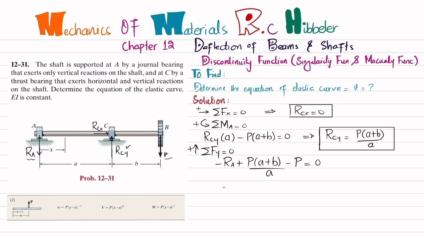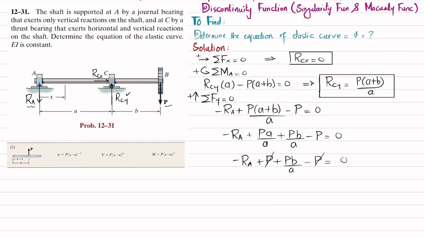So we will get minus RA plus P into A divided by A, when you expand it, plus P into B divided by A, minus P is equal to 0. So minus RA plus P plus PB over A minus P is equal to 0. So this P and this P will cancel each other. So we will get RA equal to PB over A.